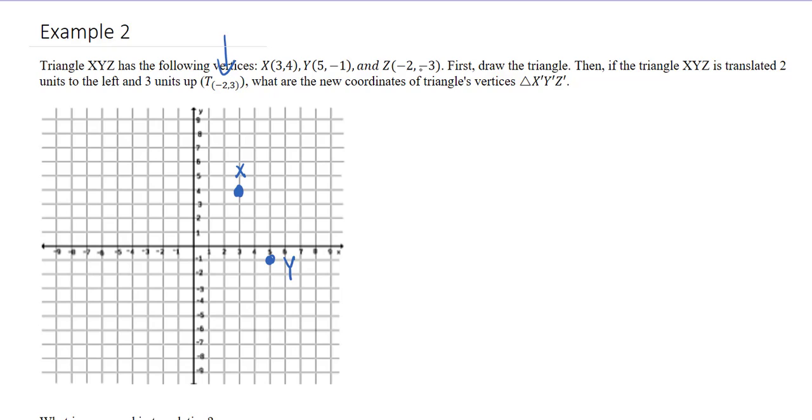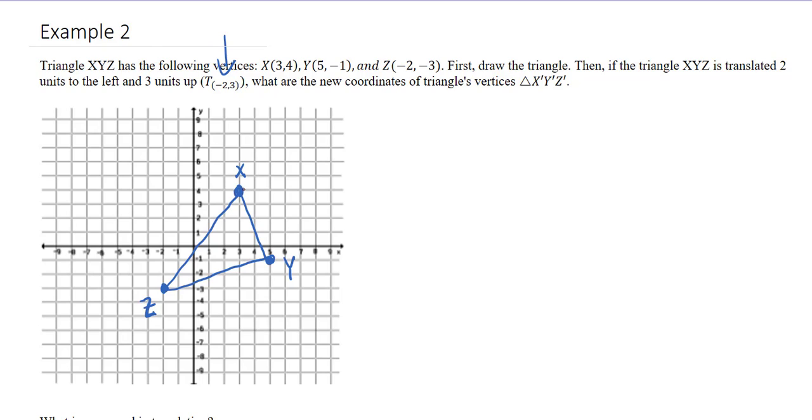Then Z is (-2, -3). We fill in the triangle. Now, if it's translated 2 units to the left and then 3 units up, let's draw this in red to show it.